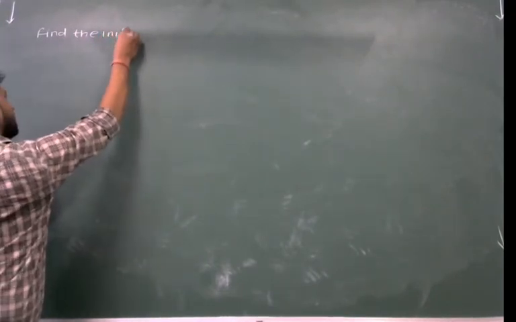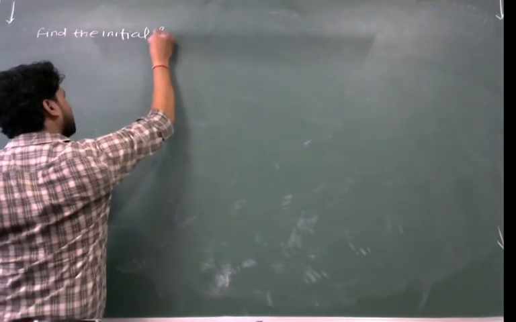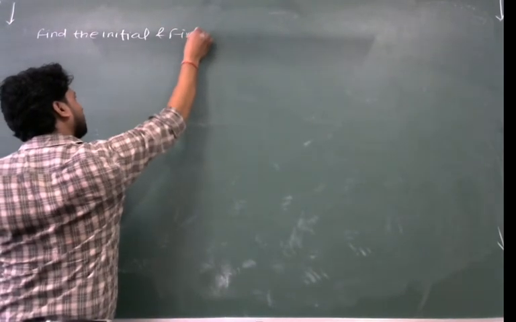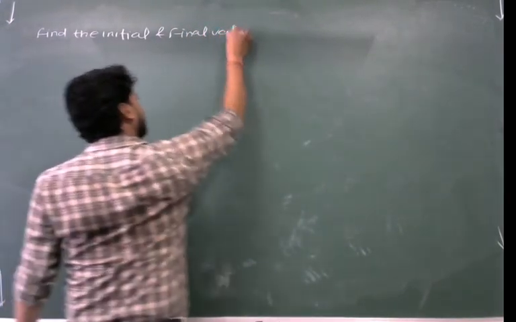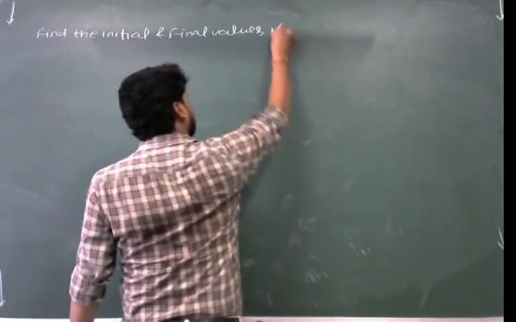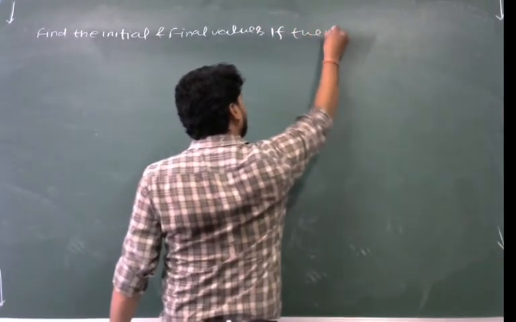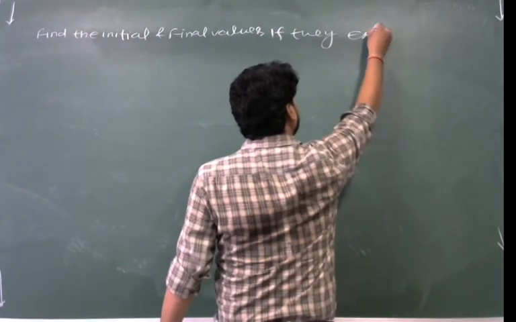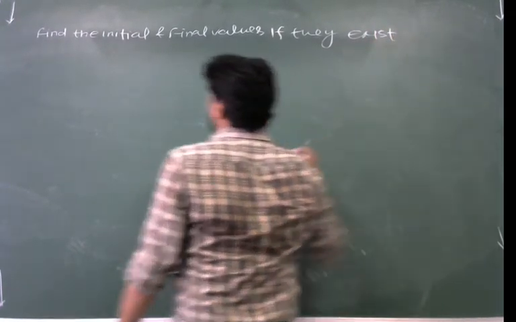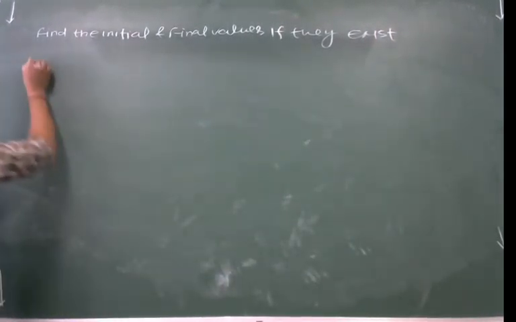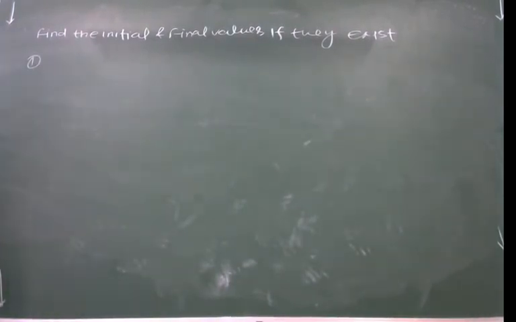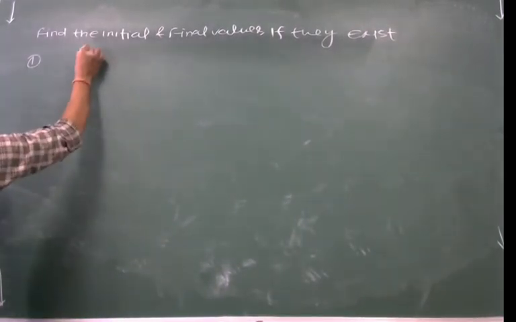Find the initial and final values if they exist, where the Laplace transform is given as: the first one is x of s is given as s plus 4 upon s square plus 3s plus 5.